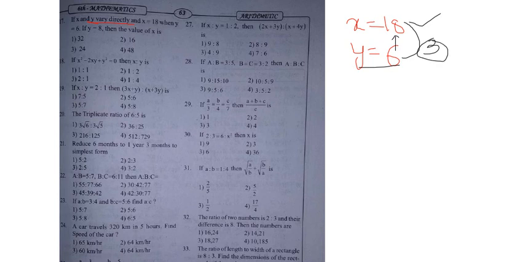Now here the question they are asking: we have to find x when y is equal to 8. How much did they give for the y value? 8. Then they are asking what is the x value. Now we know the relation between x and y: we have to multiply by 3 to get the x value. 8 threes are how much? 24.